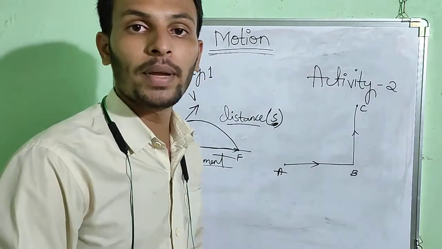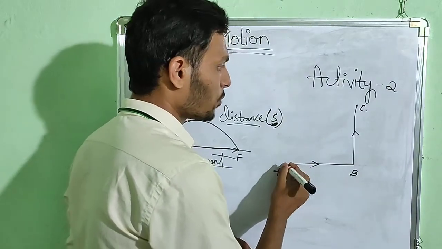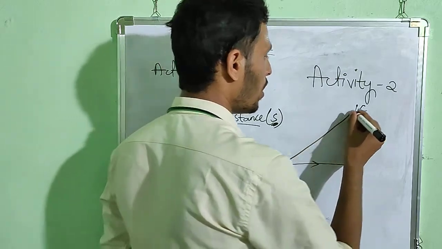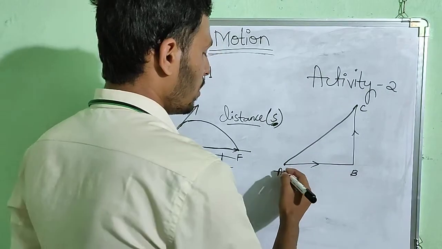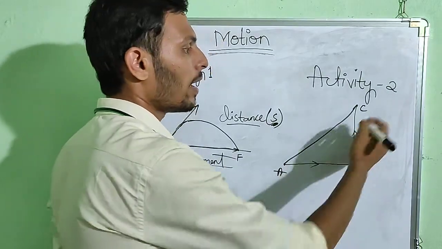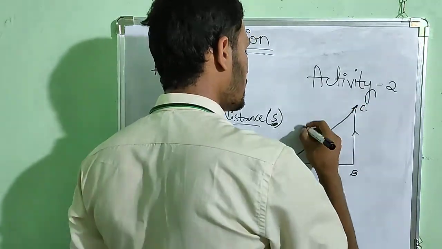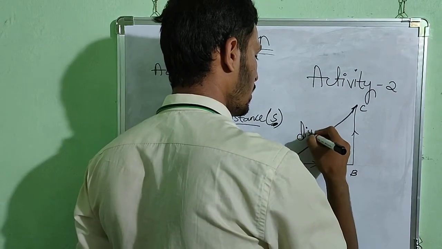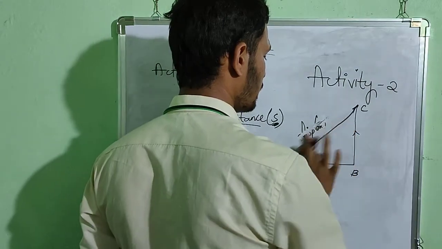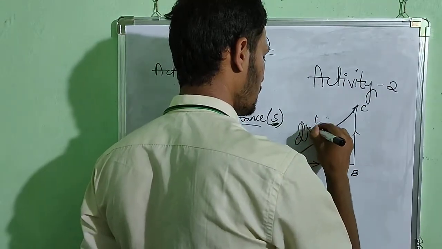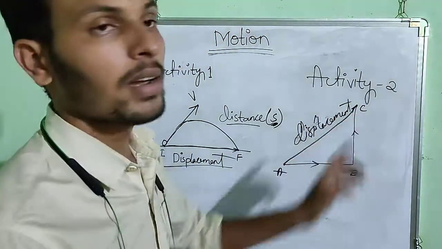The displacement would be the shortest distance, so from the initial point to the final point, I draw an inclined line which passes through the initial and final points. This is my displacement.